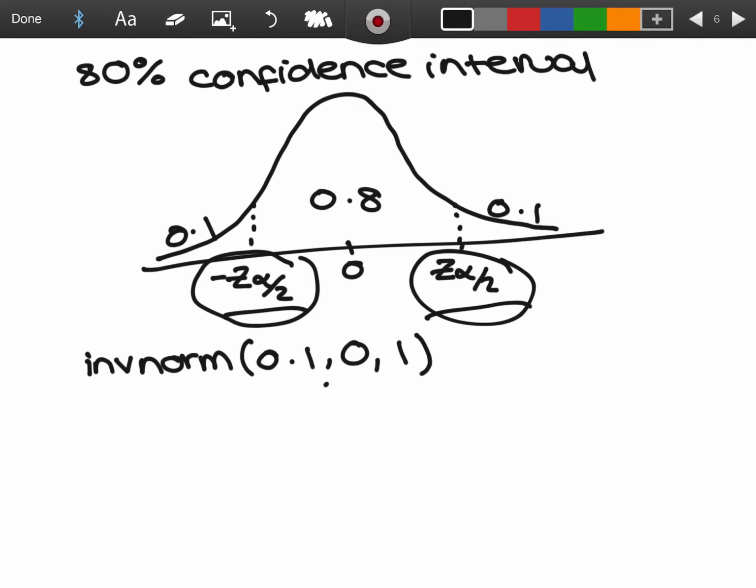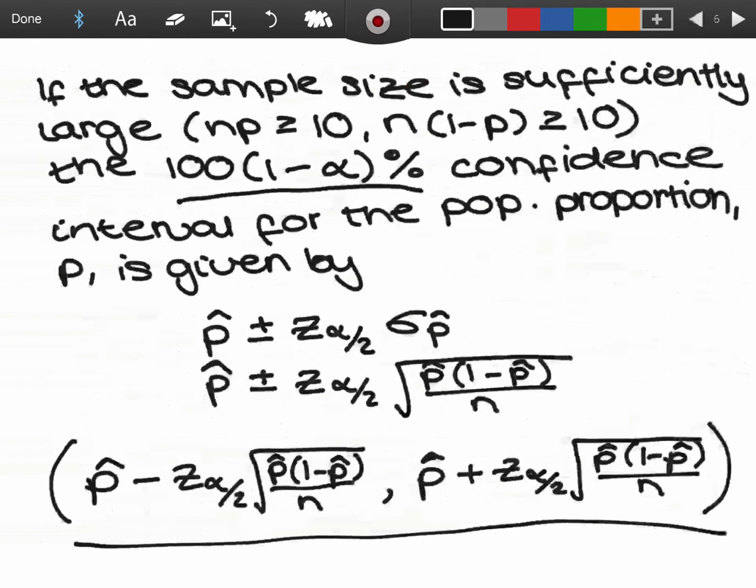This would give me negative z of alpha over 2, so to find z of alpha over 2, just make that positive. Whatever value you get should be negative. Just make it positive, it's way easier to deal with. It's exactly the same as what we did last time in 10.2.